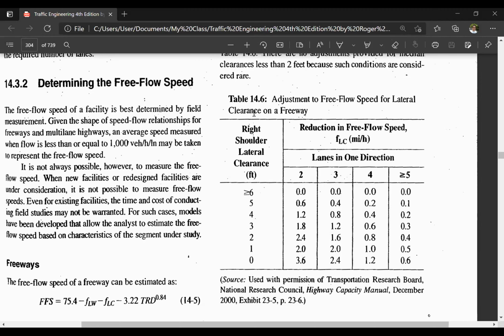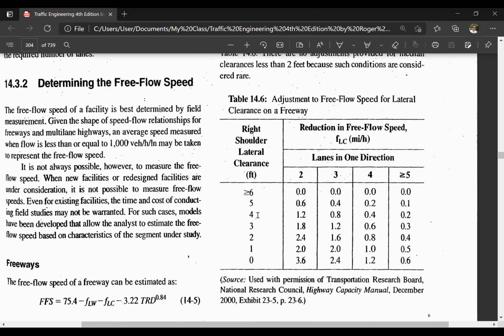The left column here says right shoulder lateral clearance, right? For the reduction in free flow speed, you look at the number of lanes in one direction. You consider 2 lanes in one direction, you look up this column.